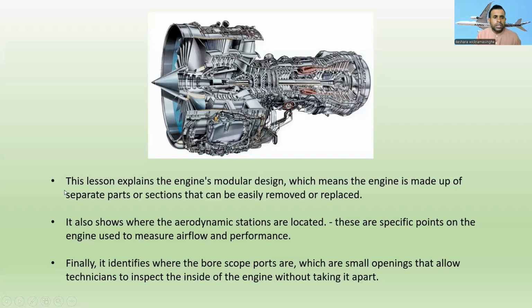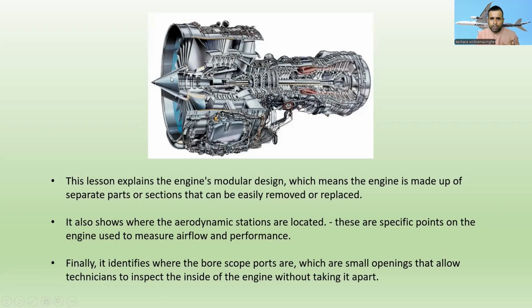This lesson explains the engine's modular design, which means the engine is made up of separate parts. You can see the fan here, the compressor sections, combustion section, turbine section, different parts. These parts can be easily removed or replaced.